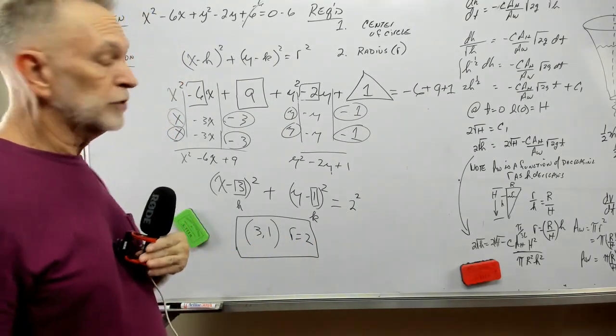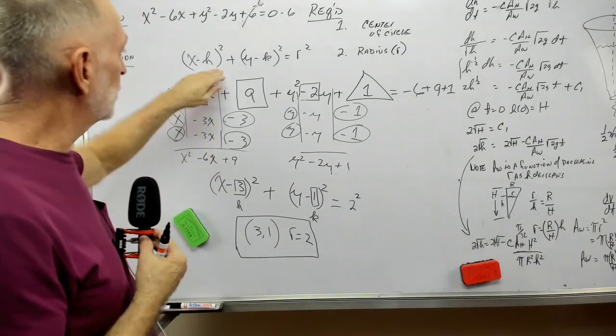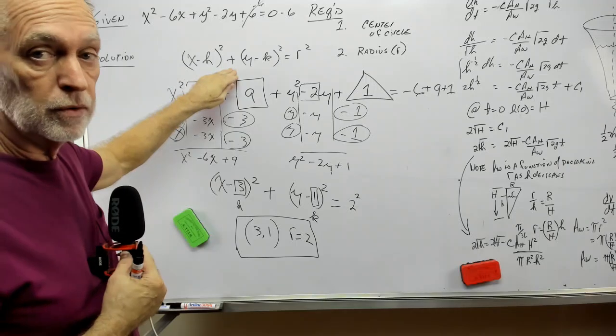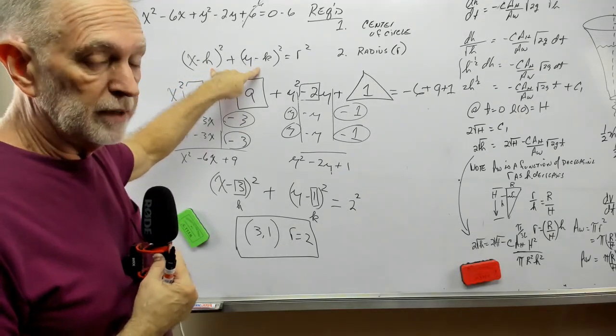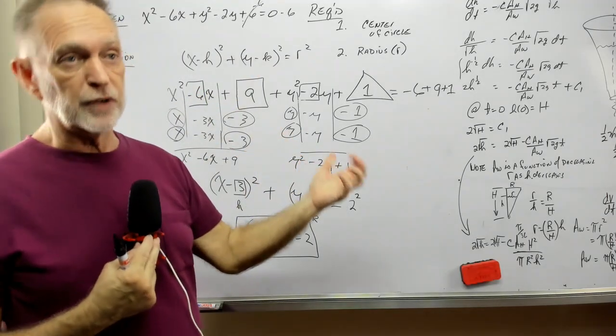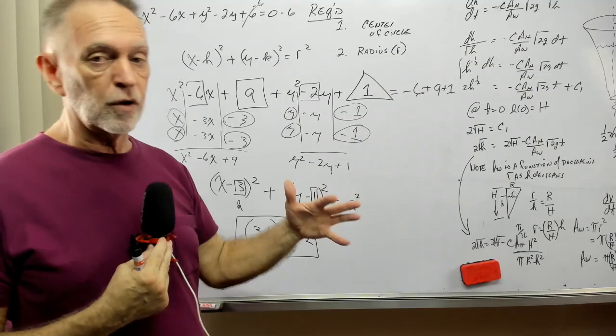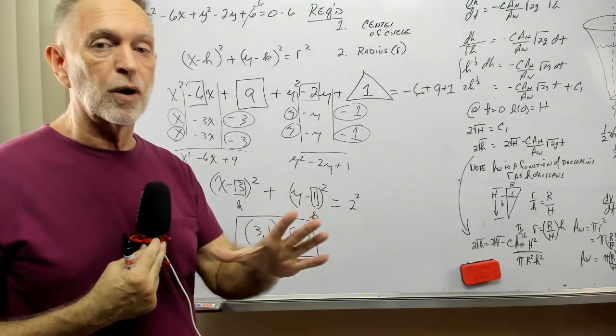So what tools did we use to solve this? Mainly, we knew the equation of a circle where it involved h and k. Many times early on we say the equation for a circle is x squared plus y squared equals r squared. That's true when h and k equal 0.